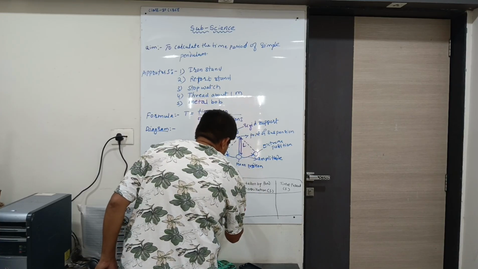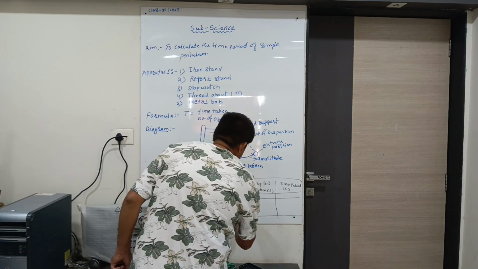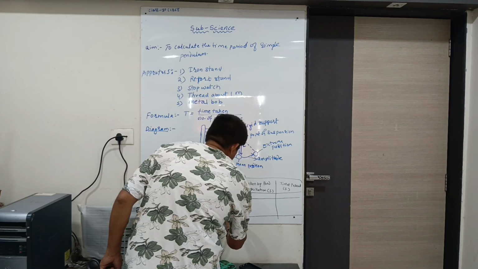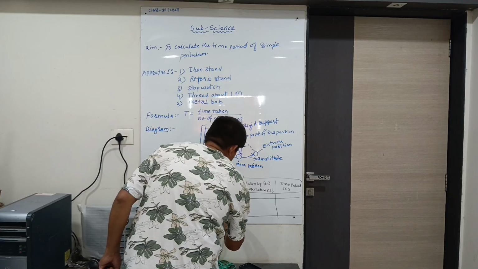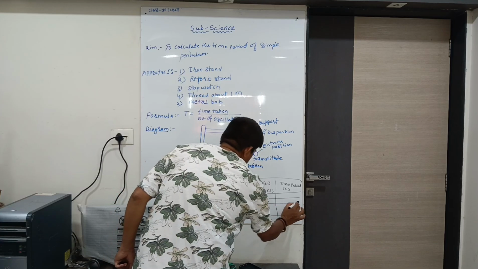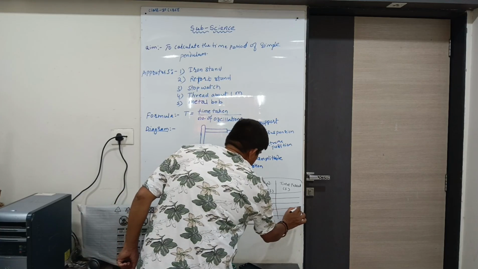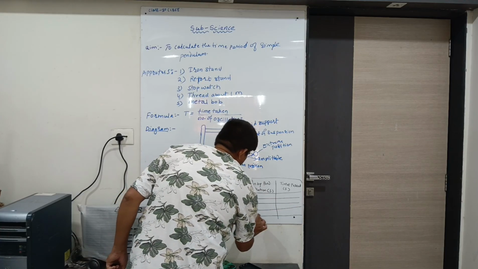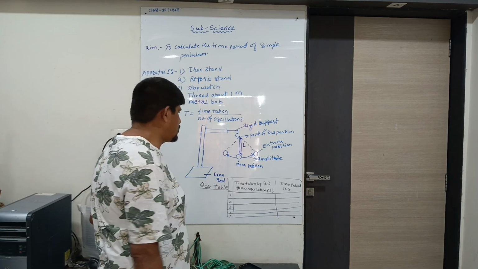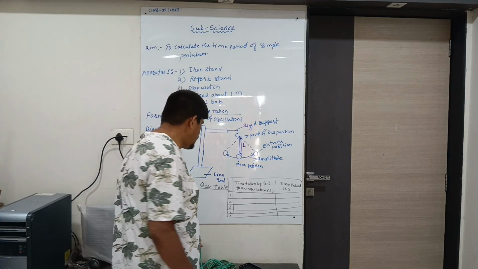You have to take at least 5 observations, for 1, 2, 3, 4, 5, and write your observations in the observation table.